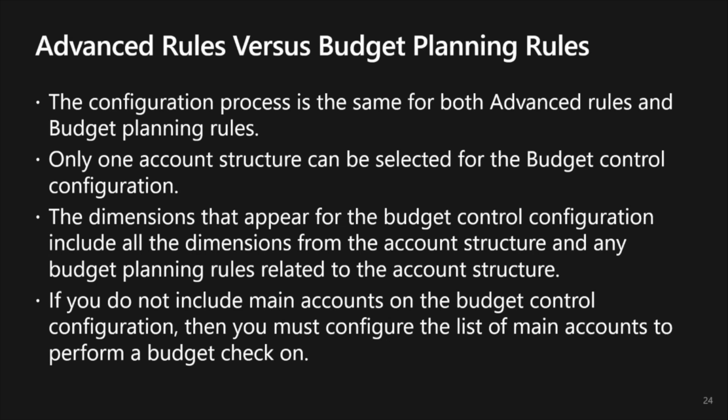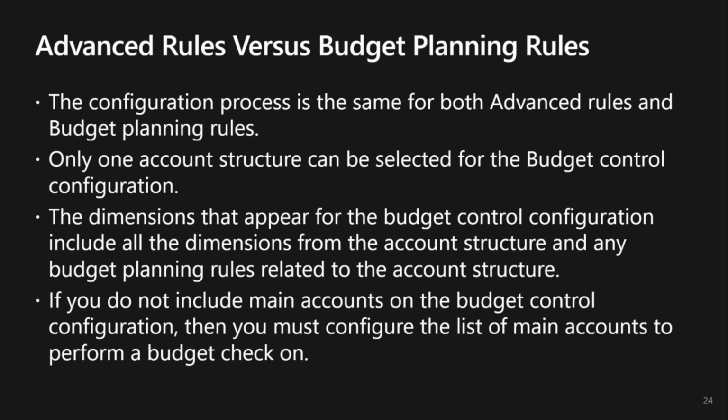And if you have split up your P&L into multiple, you're going to select the one that has the most dimensions that you want to implement budget control by. So the list of main accounts in your account structure is not actually restricted in budget control. It's only used to figure out which dimensions should be used for your budget control.